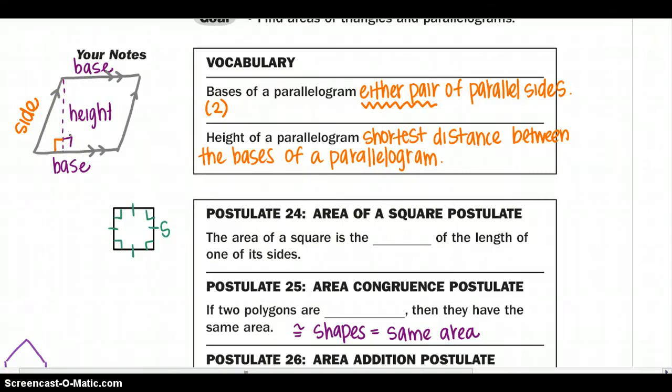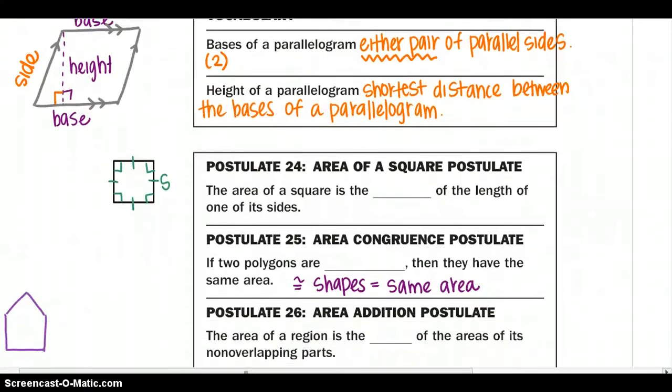And notice that I'm looking for that 90-degree angle. Where are my base and my height perpendicular? So we're really looking for that when we're plugging it into our equations.